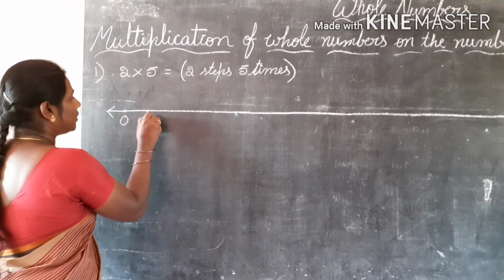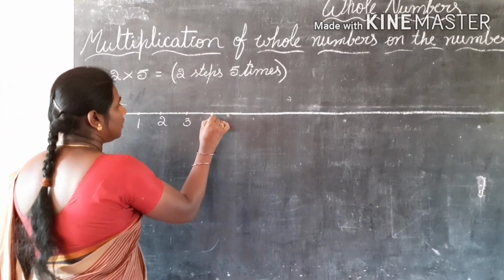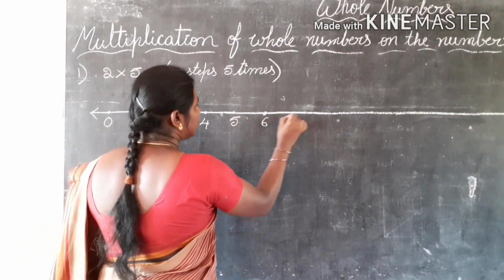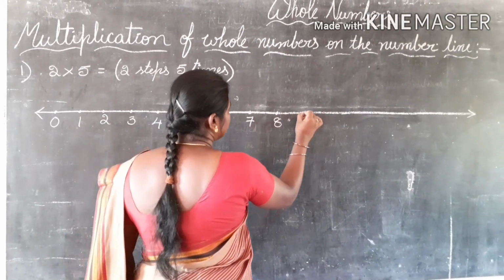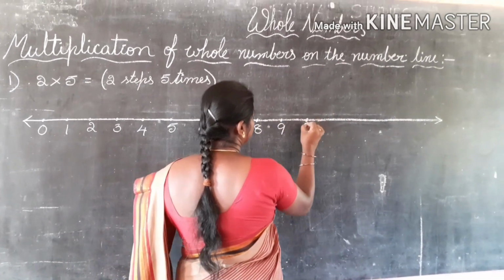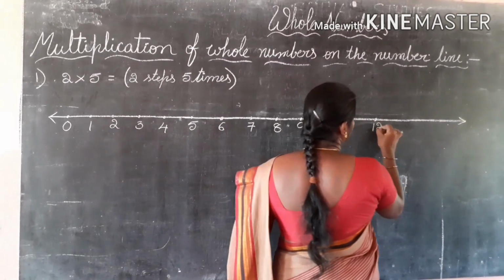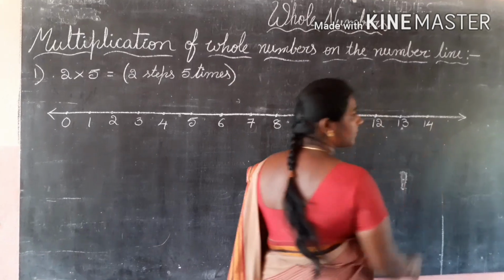Zero, 1, 2, 3, 4, 5, 6, 7, 8, 9, 10, 11, 12, 13, 14.